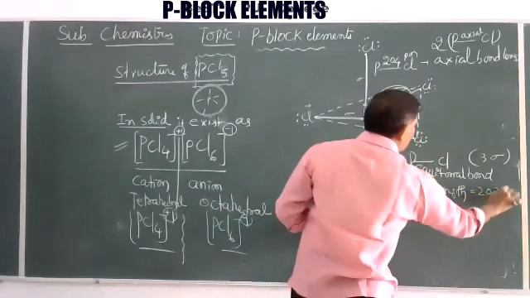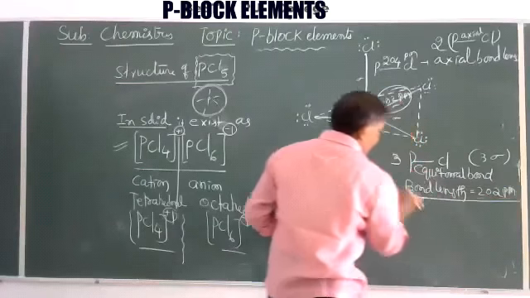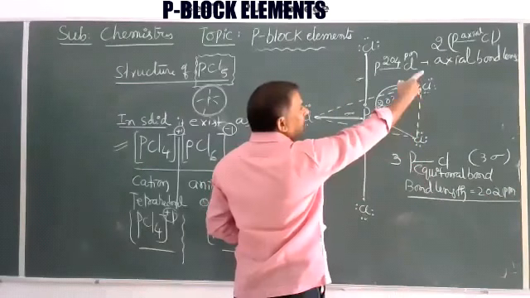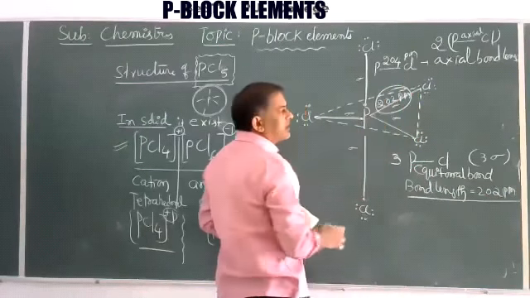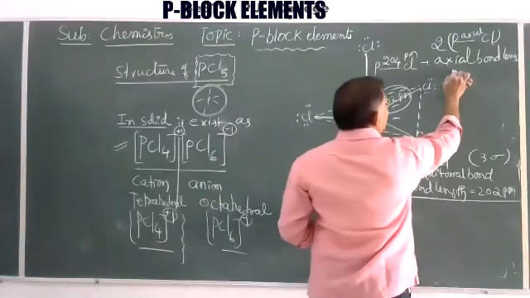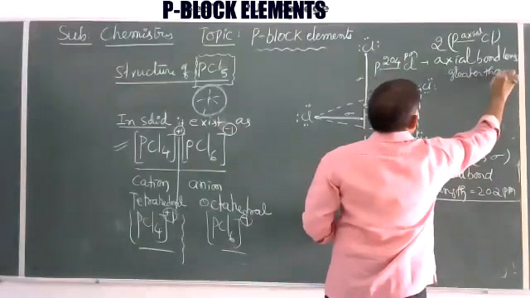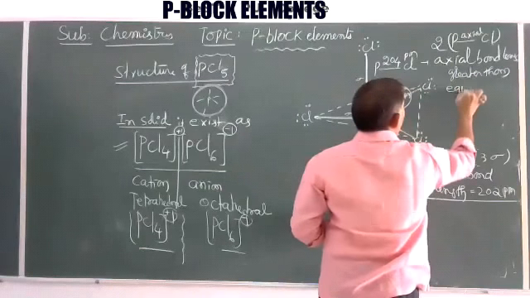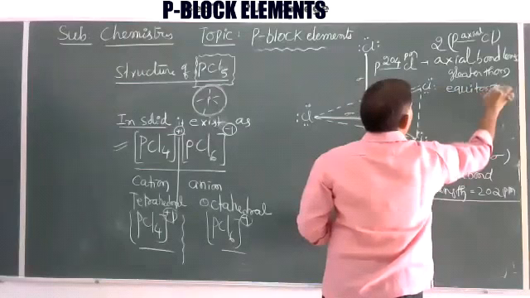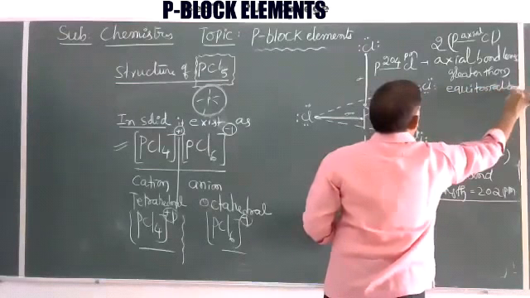Here it is 202 picometers. Why is the axial bond length slightly greater? The axial bond length is greater than the equatorial bond length.